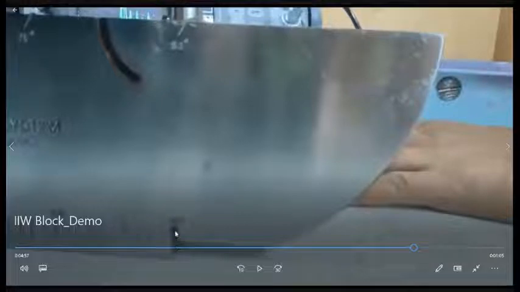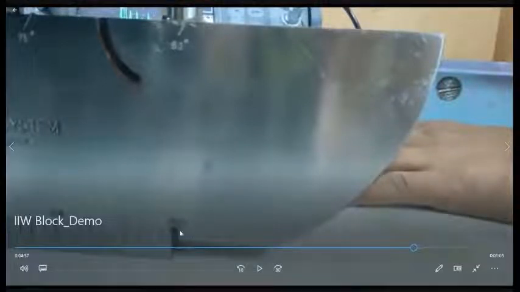So in order to get a signal from this notch, your probe will be kept on this surface on the other side, right? So this is the transducer probe, and it is moved over this notch so that you can get a signal from this notch from different points within this 2 mm distance.